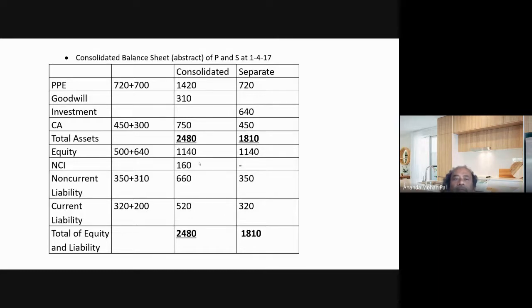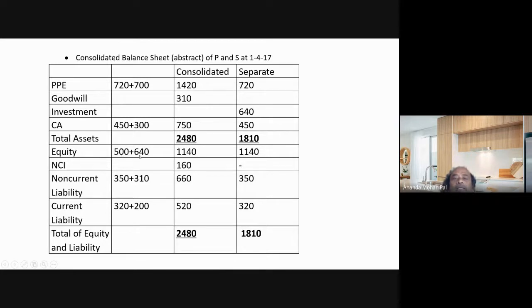Then equity. It has two components, equity share capital and other equity. But here, in brief, I am showing only the total amount. 500 was the equity of the parent, and it issued a further 640.